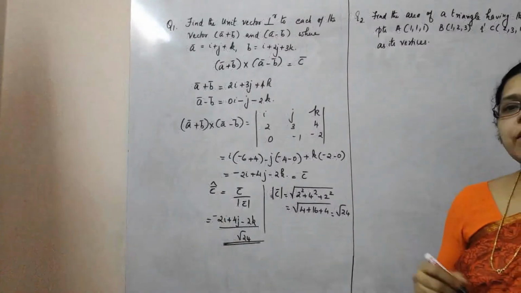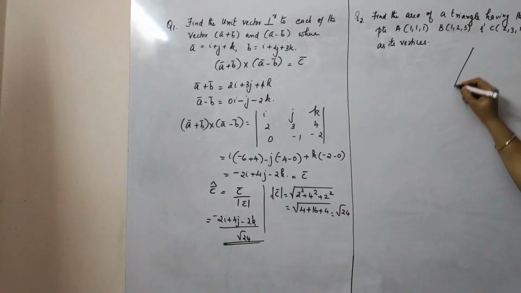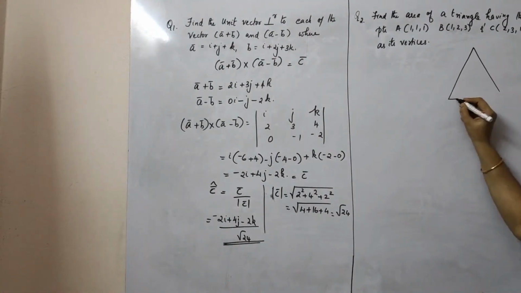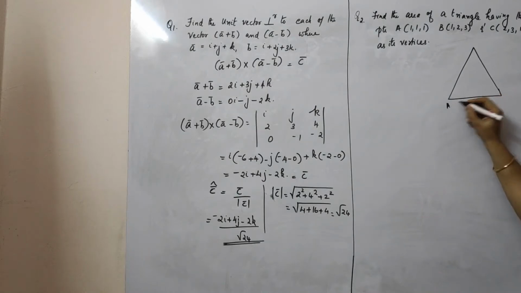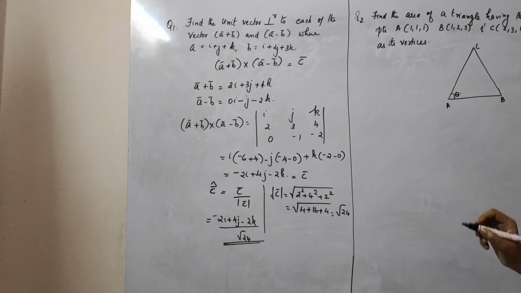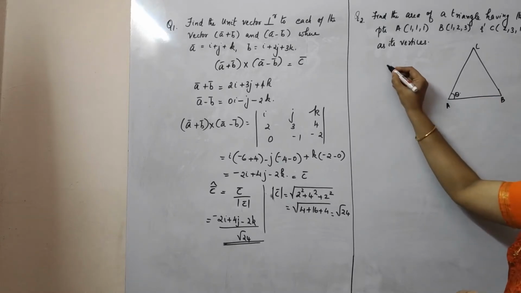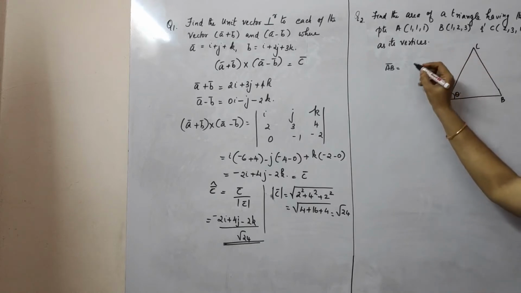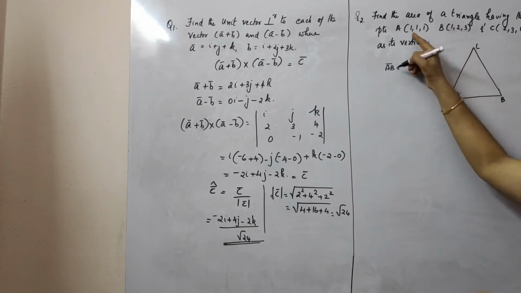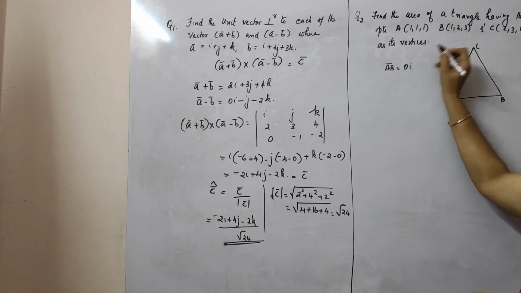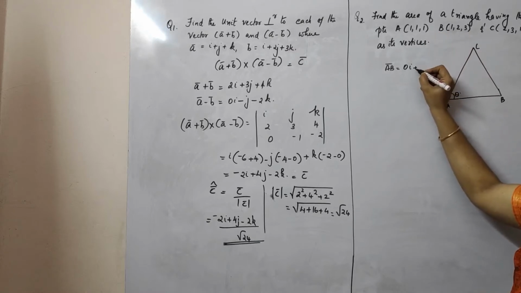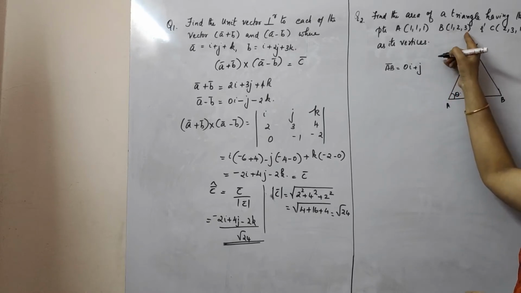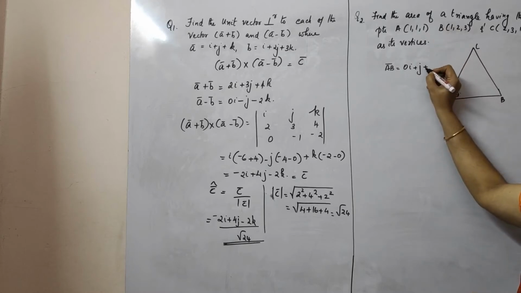Okay, now let's draw a triangle. So this is a triangle here with the vertices A, B and C, and suppose this is the angle theta. Then what is vector AB? Vector AB is equal to vector B minus vector A, isn't it? So 1 minus 1, 0i, 2 minus 1, j, 3 minus 1, plus 2k.